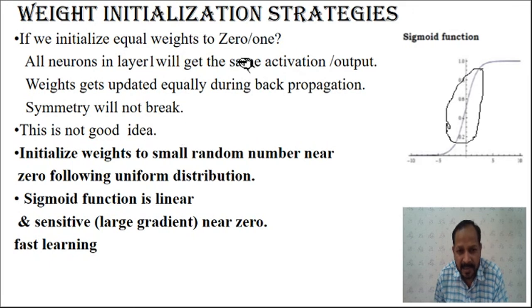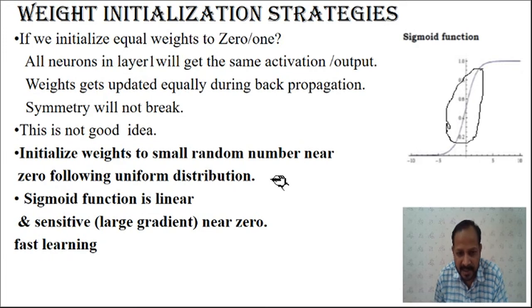So it is not a good idea to initialize the weights with equal values, or with 0 or 1. What should be the proper strategy for initialization of the weights? Initialize the weights to small random numbers near 0, which follow a uniform distribution.